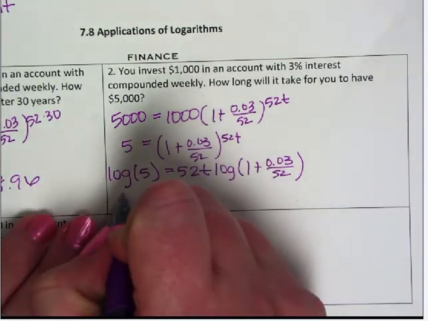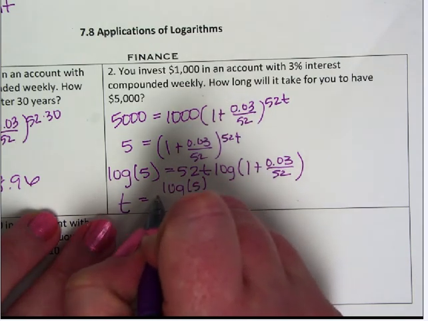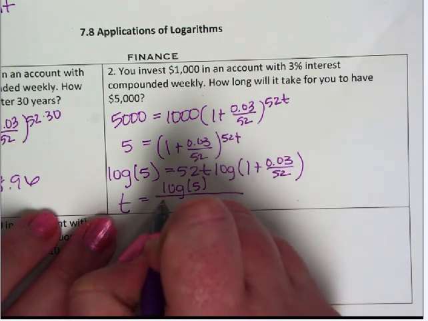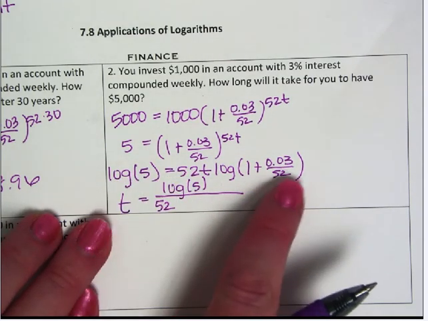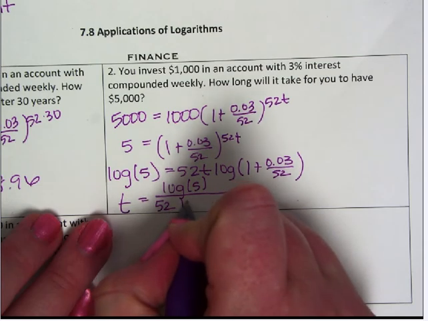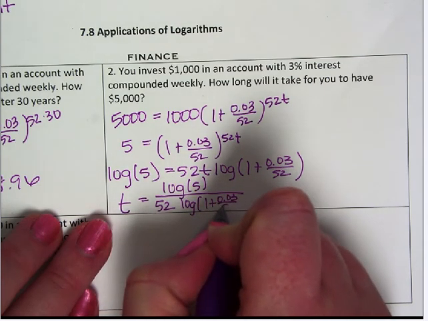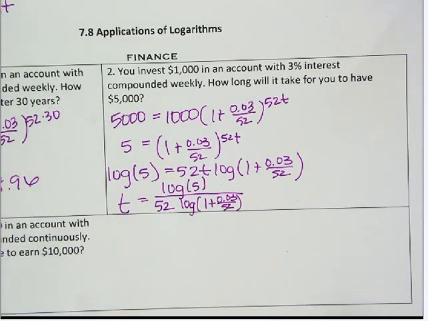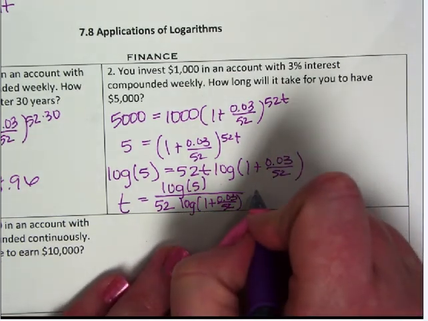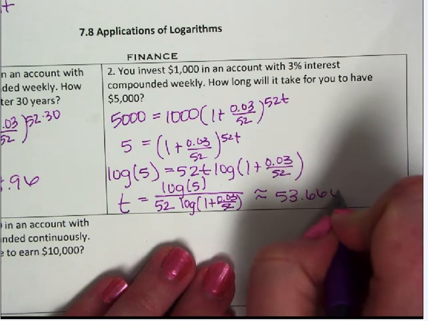So t is equal to log of 5 divided by 52, and then we also have to divide by log of 1 plus 0.03 over 52. Okay. This would be considered your exact answer, and then you could plug it in your calculator to get the approximate, which is about 53.66 years.